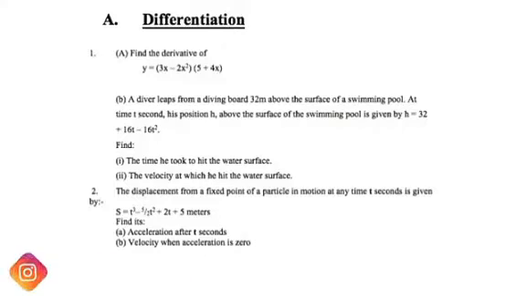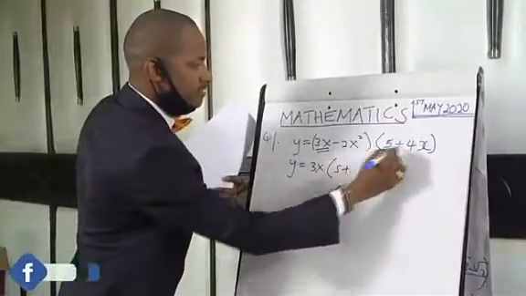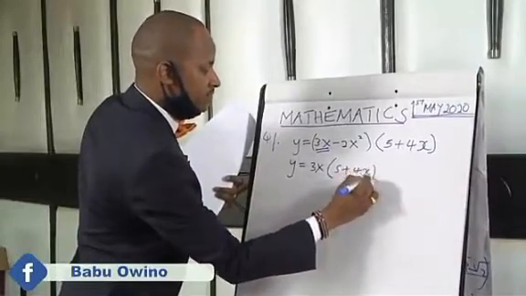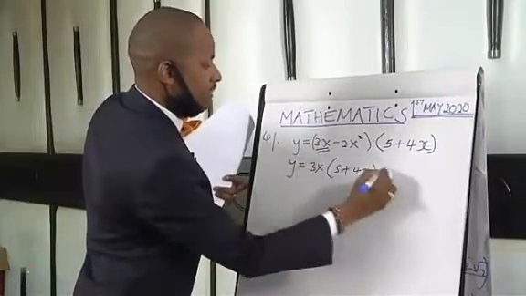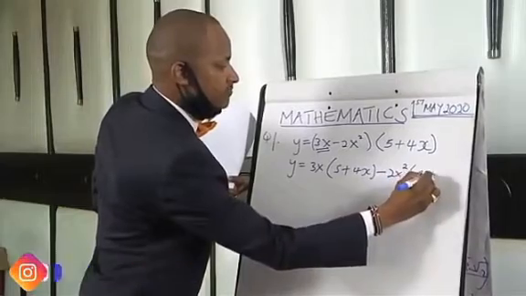The first thing when you are faced with such a challenge in finding the derivative, you first of all expand the bracket. So by expanding the bracket, we have y is equal to 3x, multiplied by 5 plus 4x, minus 2x squared into 5 plus 4x.